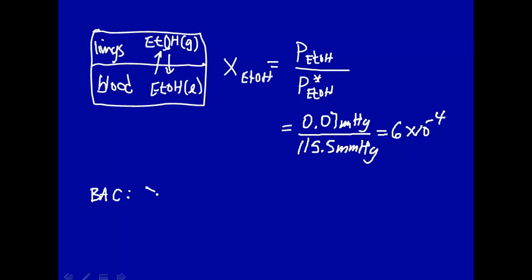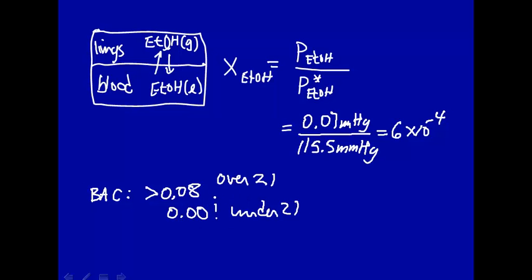For blood alcohol content, it has to be greater than 0.08 if you're over 21. It has to be 0.00 if you're under 21. In other words, there's no tolerance for drinking. If you're under 21 and you're drinking and you drive a car, no matter what your blood alcohol content is, you could be arrested for DUI.